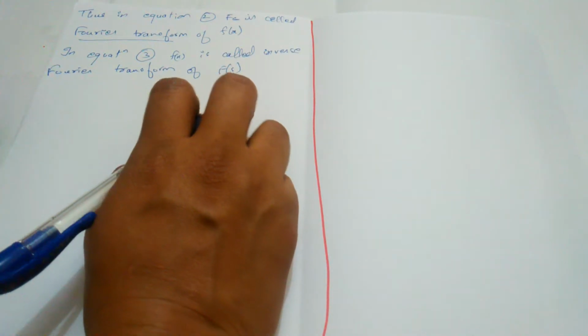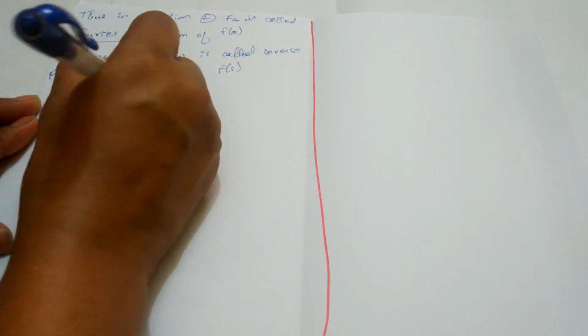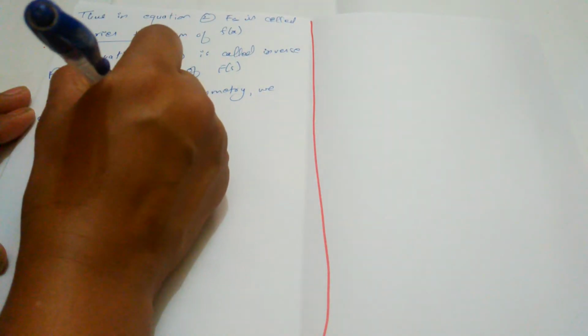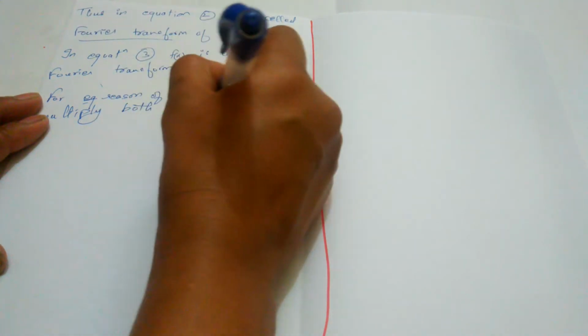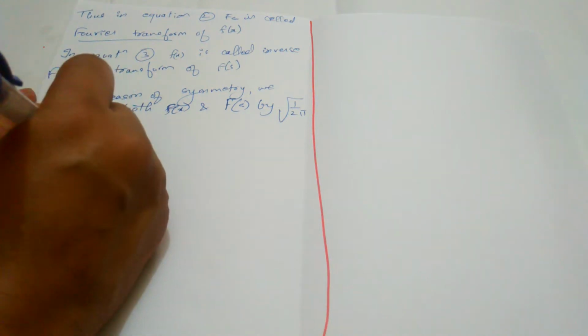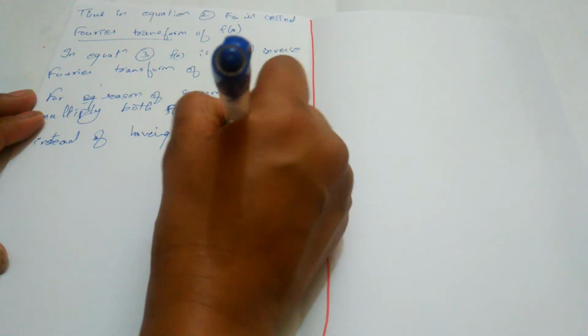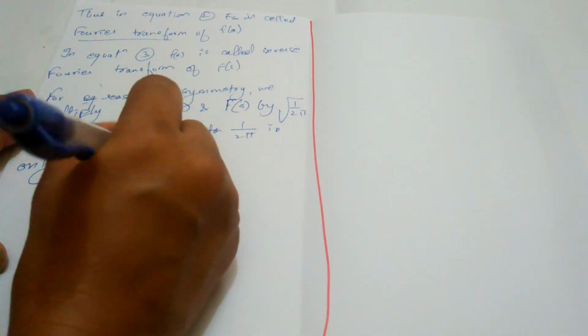Okay, so for reasons of symmetry, we multiply both f of x and capital F of s by square root of 1 upon 2 pi, instead of having the factor 1 upon 2 pi in only one function.